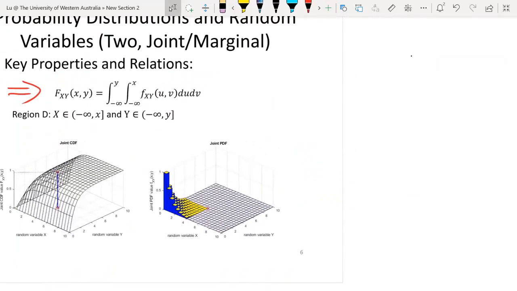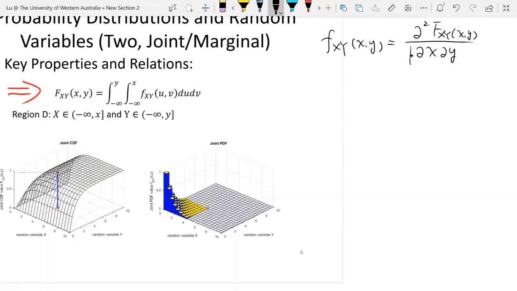From our introduction, the joint PDF is the double partial derivative of the corresponding CDF function with respect to x and y respectively.